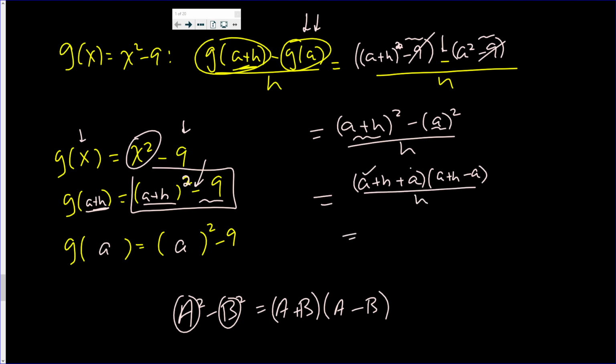Well, here I have a plus a, which is 2a plus h. And here I have a plus h, but then I take away the a. So I just have h left. And you know you did this right if you get h over h. And there's the final answer.